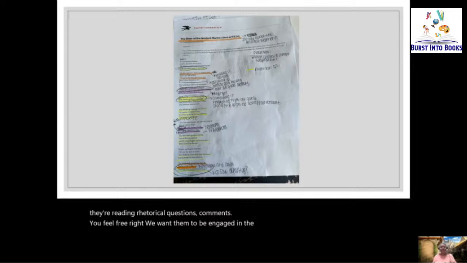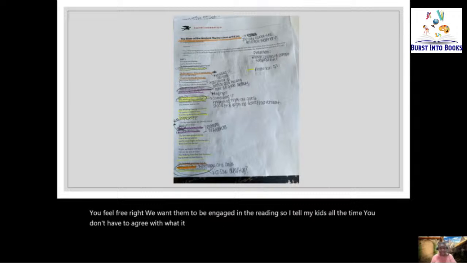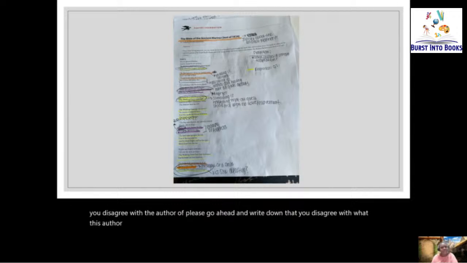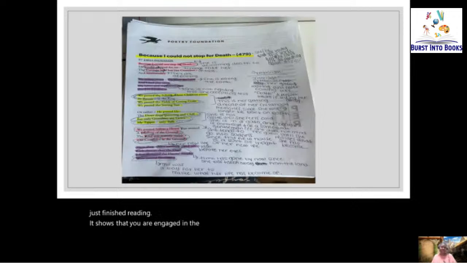So I tell my kids all the time, you don't have to agree with what you're reading. Write down what you think. If you disagree with the author, please go ahead and write down that you disagree with what this author said, and provide an explanation as to why you disagree with what you just finished reading. It shows that you are engaged in the text. That's what that means.